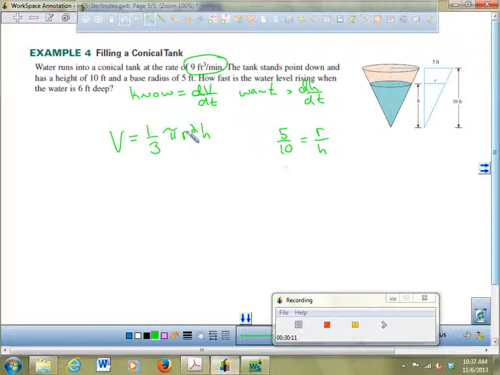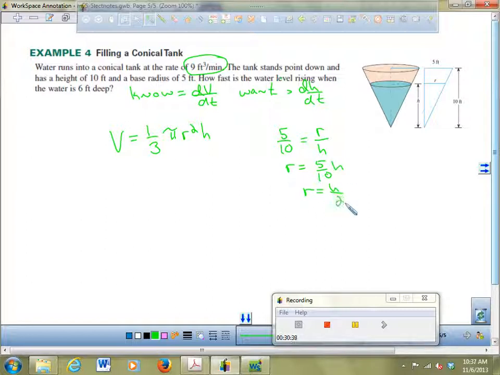Okay, so I'm going to solve this for r, which is pretty easy. So r equals 5/10 times h. So r equals h over 2.